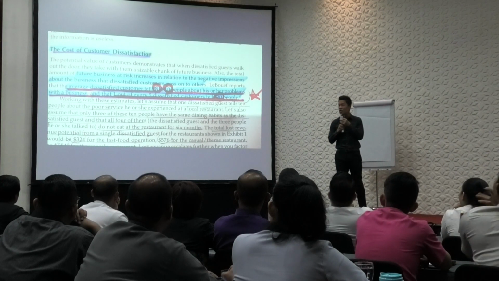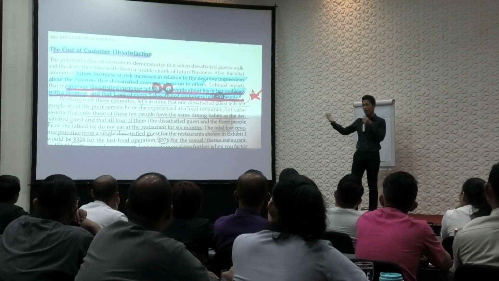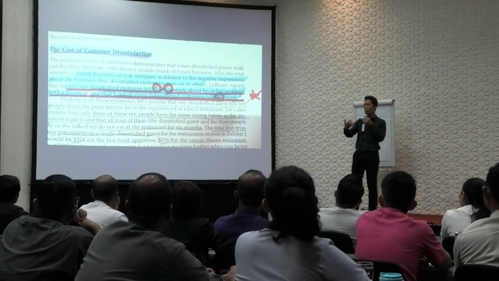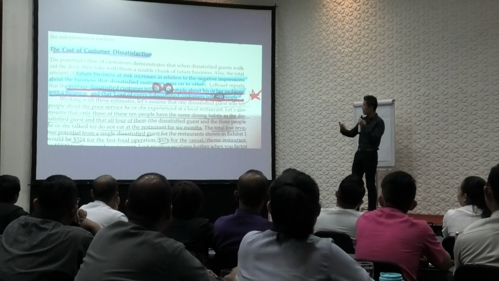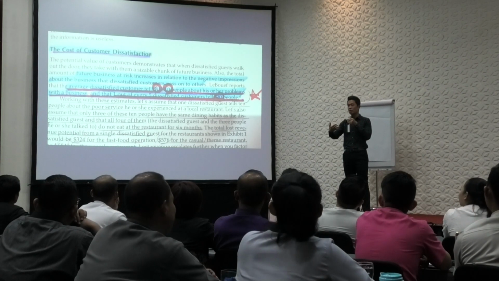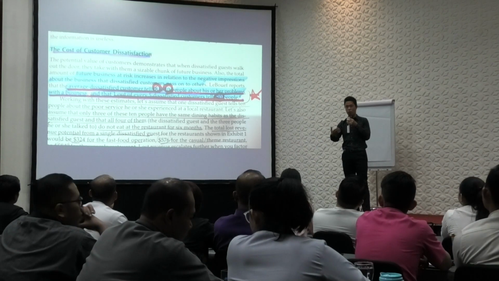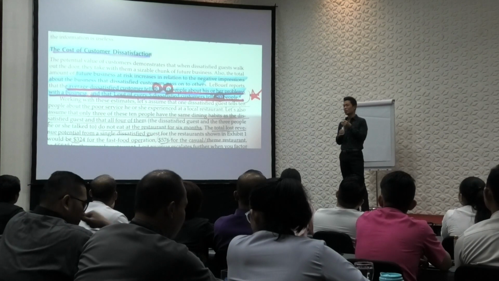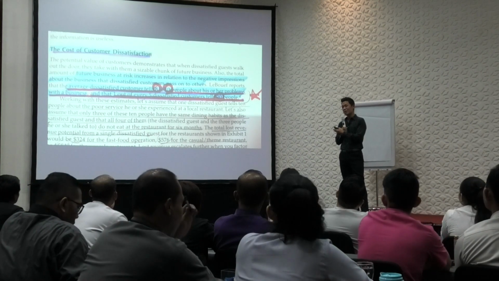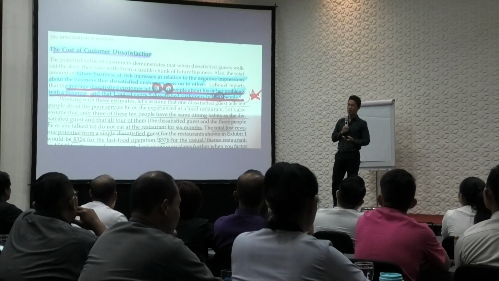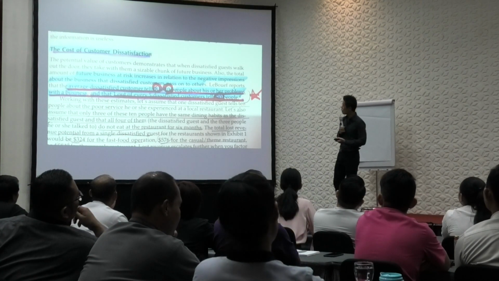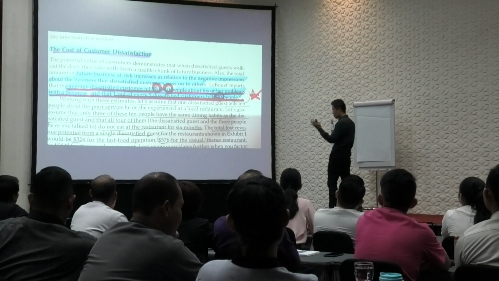Almost 20 years ago, I was studying this book, and I was thinking, wow, we have to look after guests, otherwise they will tell 8 to 10 people, and some of them will talk to 20 people. It's a big problem. So 20 years ago, it was a big problem because unsatisfied guests would speak to on average 8 to 10 people.